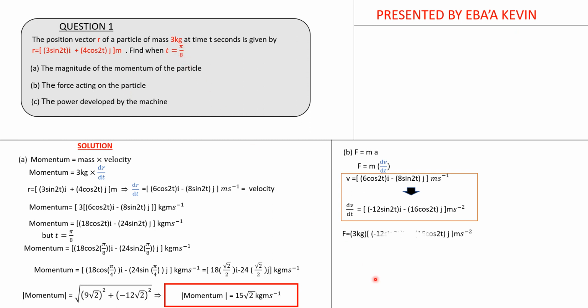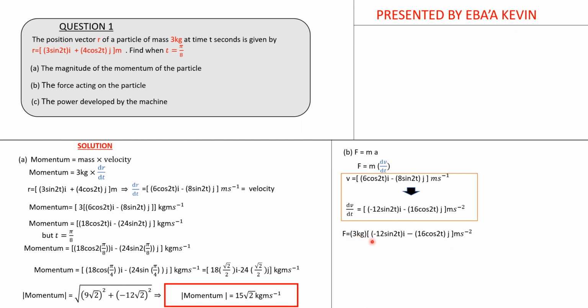The force will therefore be equal to the mass, which is 3 kilograms, times negative 12 sin 2t i minus 16 cos 2t j meters per second squared, because this is the acceleration and this one is the mass.